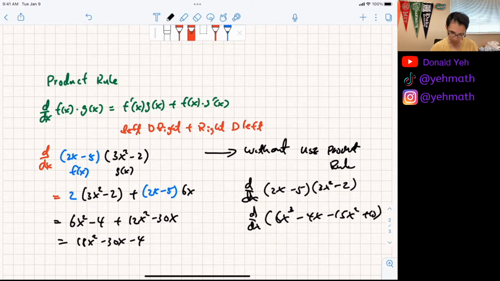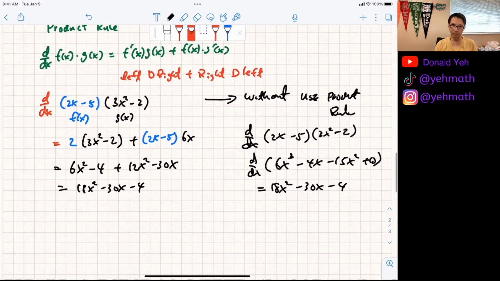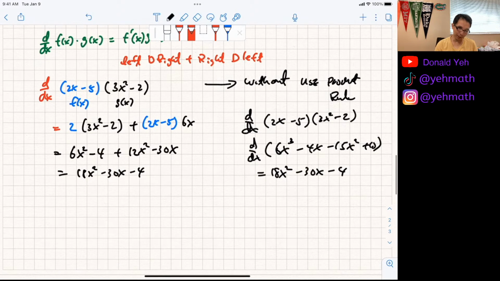If I take the derivative of this, it's going to be 18x squared minus 30x minus 4, and the answer is exactly matched up. And so you say, well, what's the point if I use product rule, right? First of all, let's make sure you guys know how to use product rule.